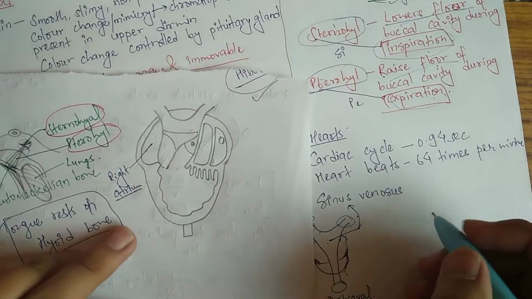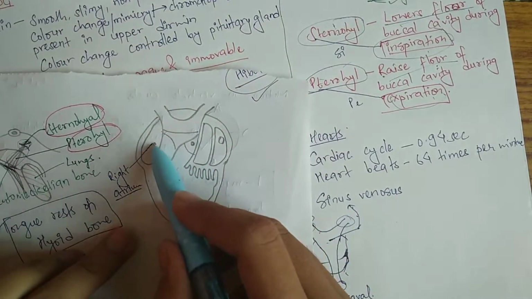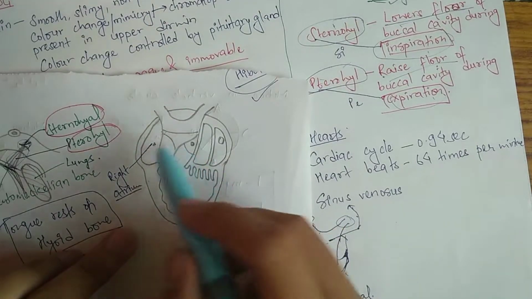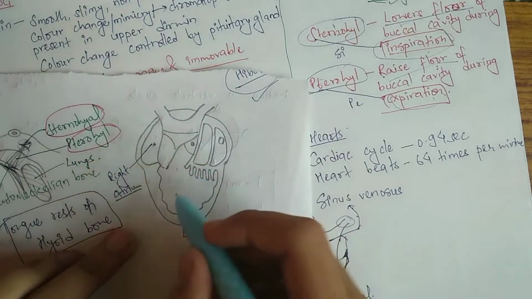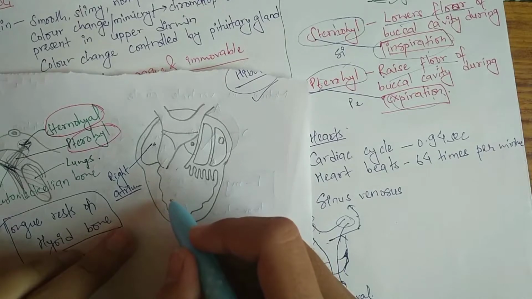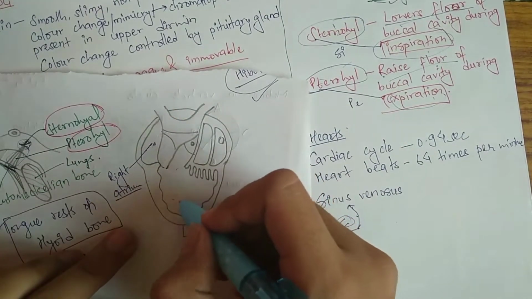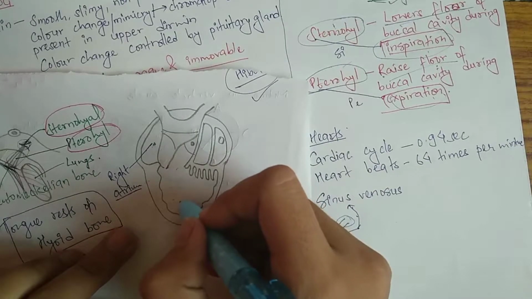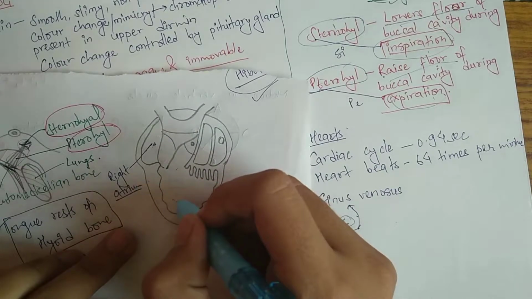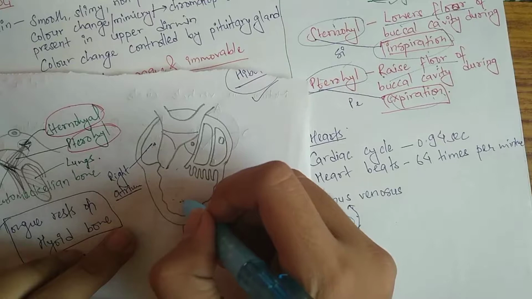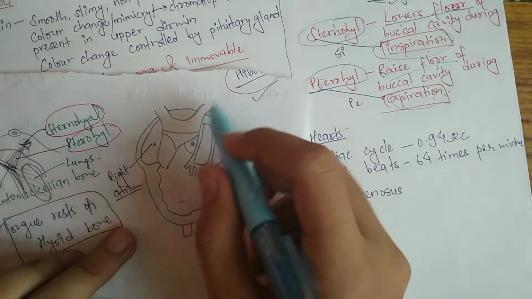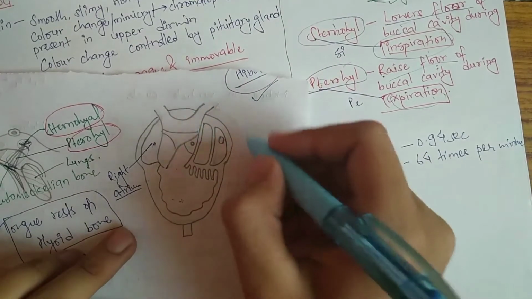And from this right auricle, blood will go here. This is the ventricle, from where the blood will go to the heart.